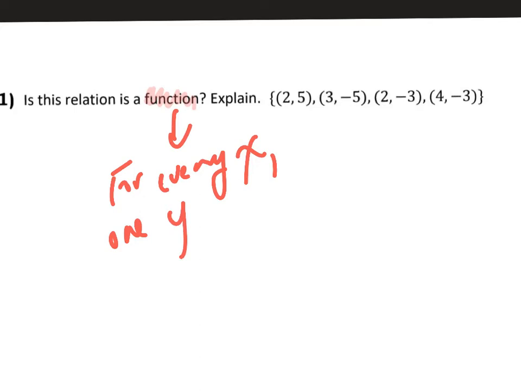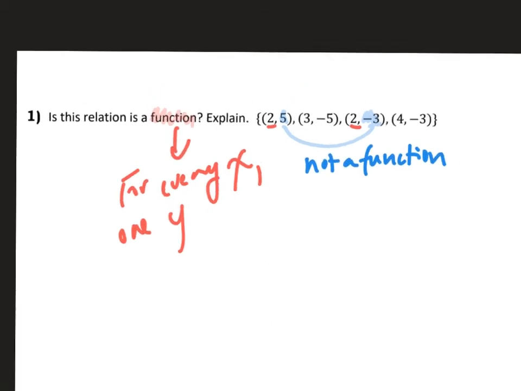So if you ever have an x that repeats and it has a different y value, like let's say here we're at 2, 5, and over here we're at 2, -3, this x value has two different y values. Because this x has more than one y, this is not a function, because it doesn't fit the definition that we said for a function.